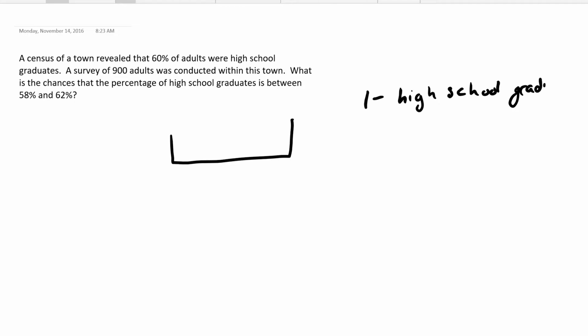First, let's construct a box model. We'll have 1 represent high school graduates, and 0 to represent people who are not high school graduates.